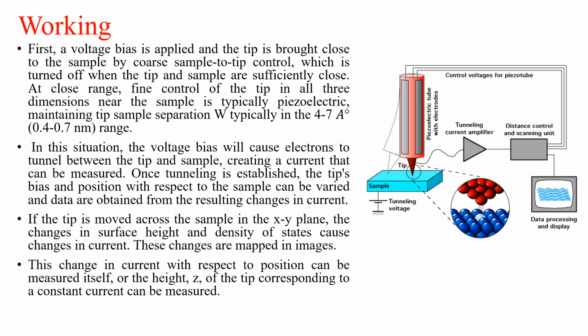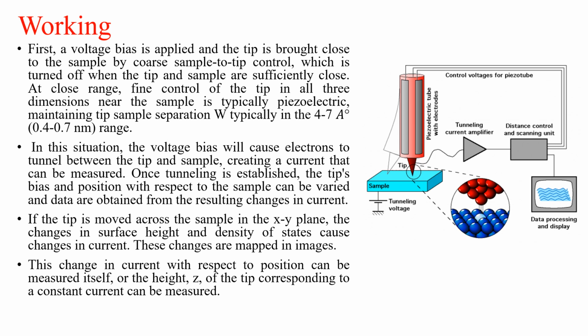The resulting tunneling current varies with the tip to sample spacing, and both the sample and the tip must be a conductor or semiconductor. Thus, it cannot image an insulating material. So this is the basic working of the STM process.